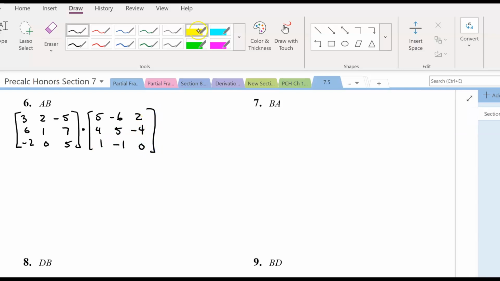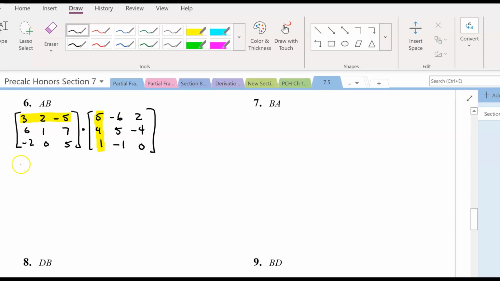All right, so I'm going to take my first row and multiply it by my first column to get the entry in the first row, first column of my new matrix. The way I do this is I take each entry and multiply it by another entry.